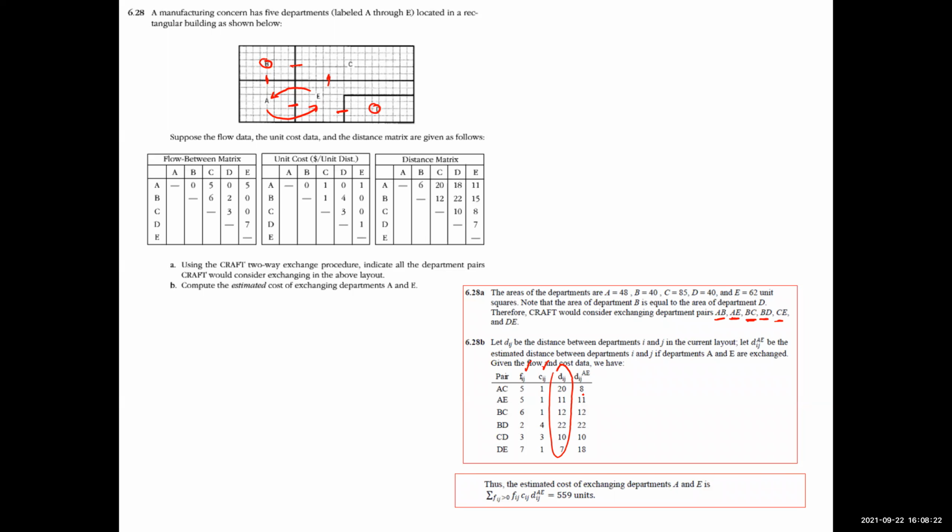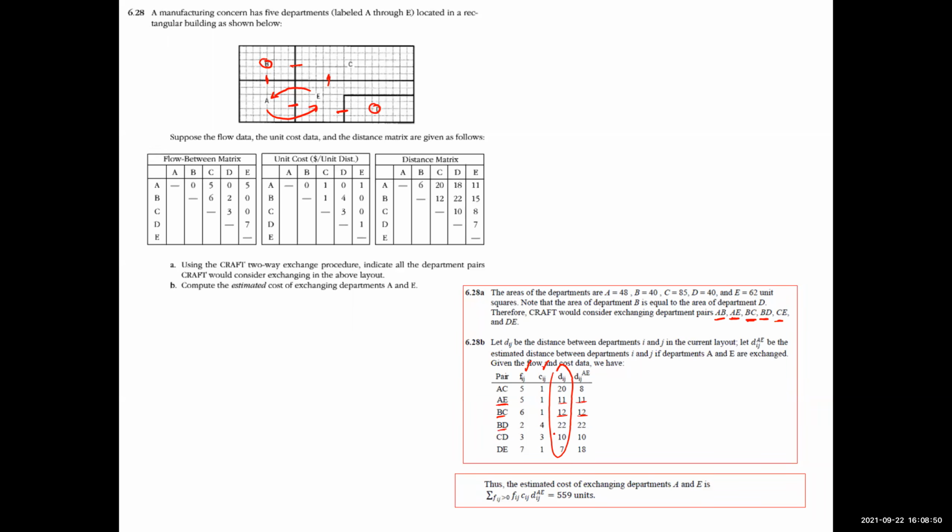The distance between A and E, since we're just swapping them, is not going to change. B and C is not affected by A and E, so their distance is going to be the same. So we have the same distances, 12, 12, 11, 11.